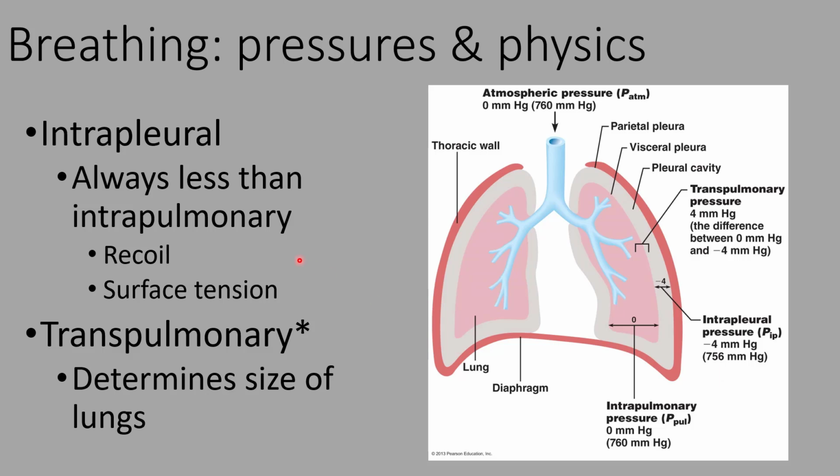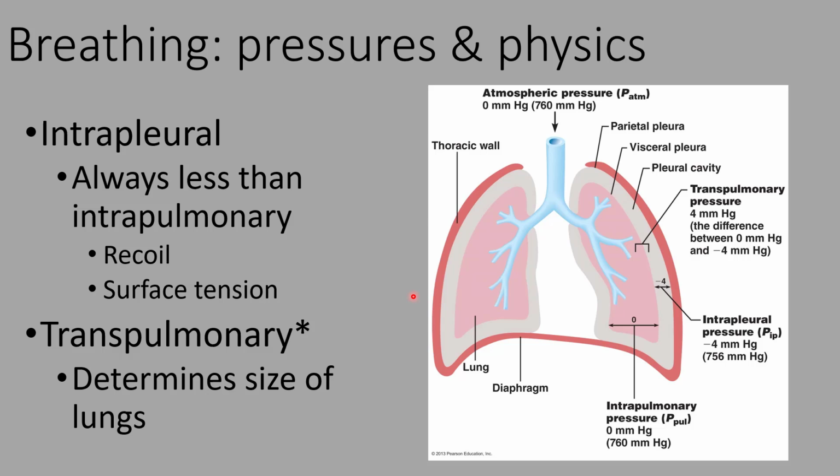Now, if we compare intrapleural pressure and intrapulmonary pressure, the difference in the two is called the transpulmonary pressure. We find that by taking the intrapulmonary pressure and the intrapleural pressure and finding the difference.